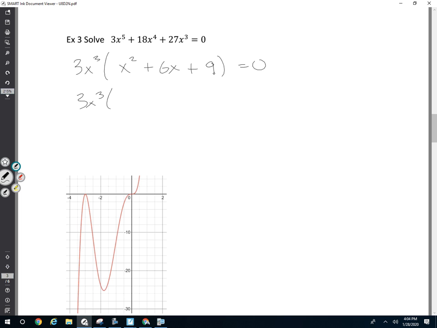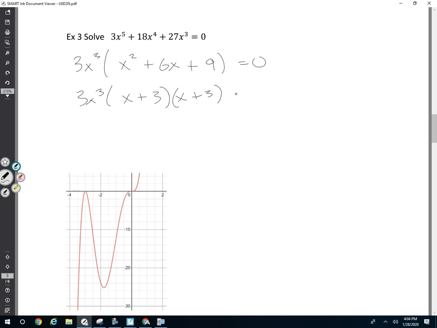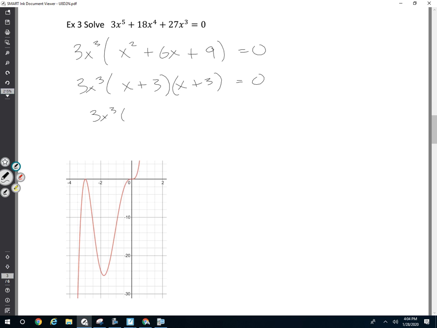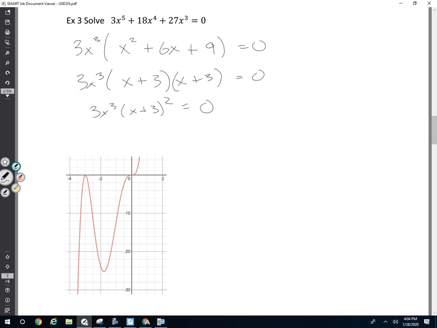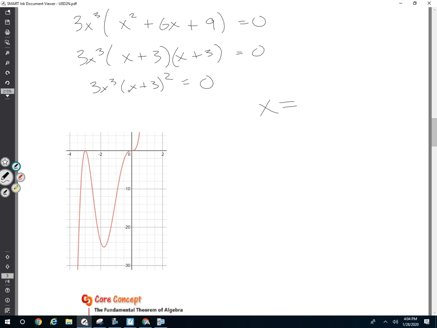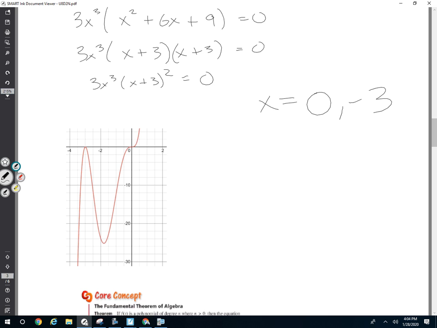The two numbers that multiply to get 9 and add to get 6 are 3 and 3. This could be written as 3x cubed times x plus 3 squared. The numbers that can be plugged in to make the left side 0 are 0 and -3. I'll let everybody catch up.